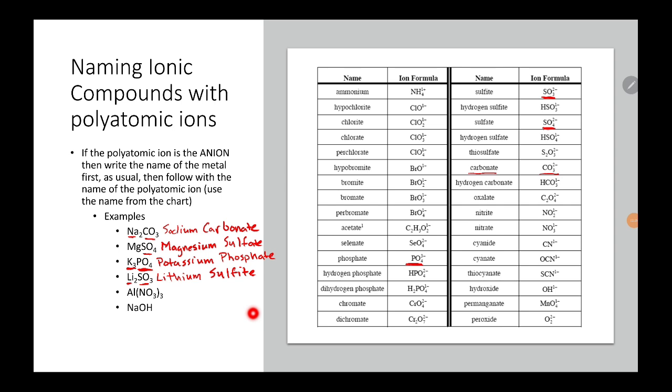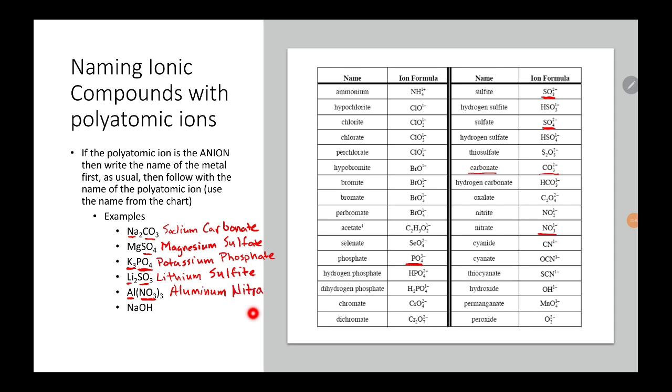Our next examples, the first element we run into is Al, which is the symbol for aluminum. And then we see the polyatomic ion NO3. And NO3 is the name of the nitrate ion.